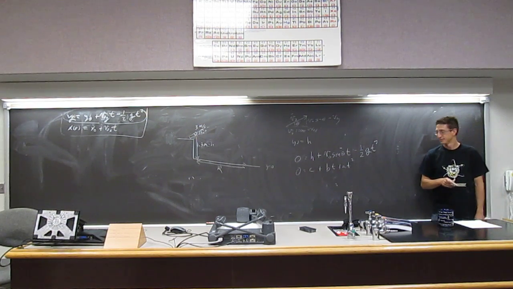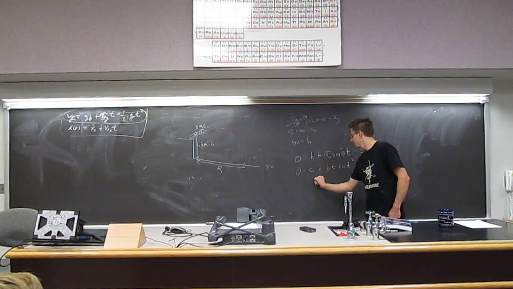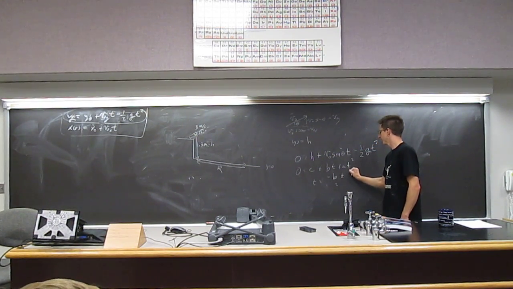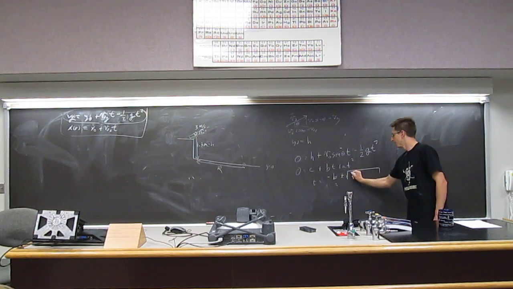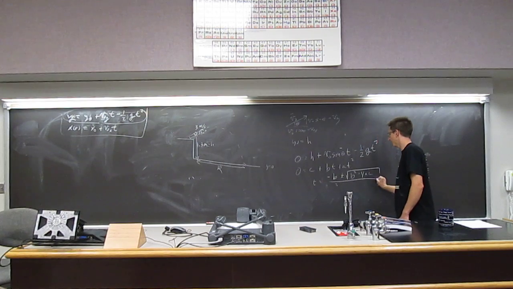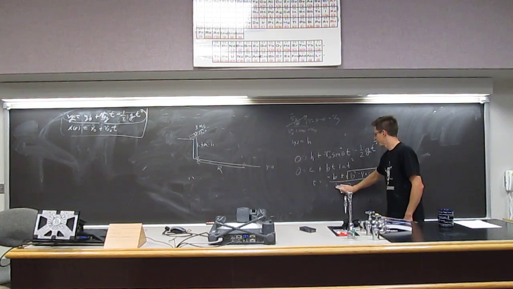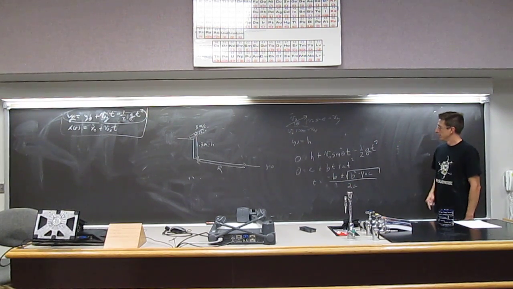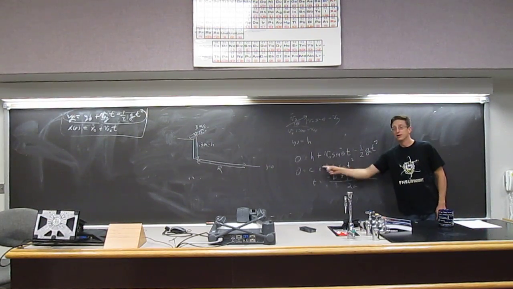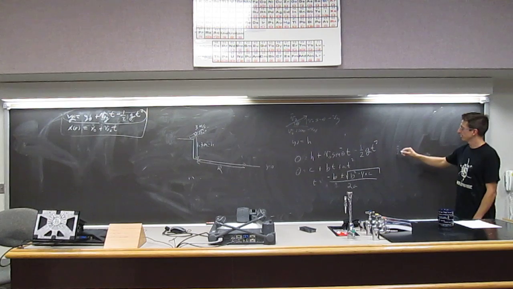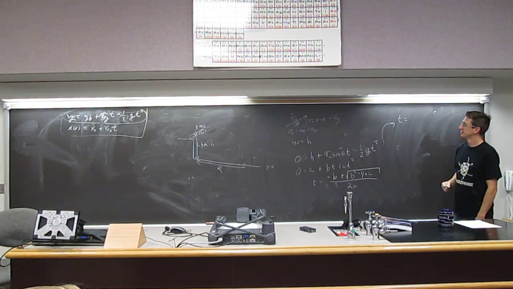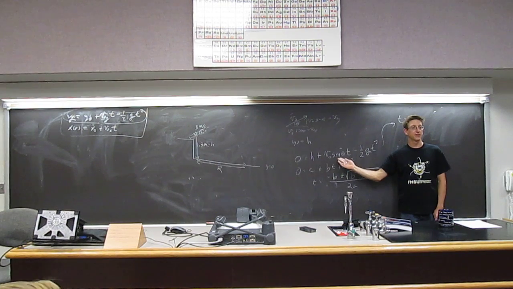Yeah, so t would be negative b plus or minus the square root of b squared minus 4ac, all over 2a. So I'm going to compare what a, b, and c are for this formula. b is v naught sine of theta, right?